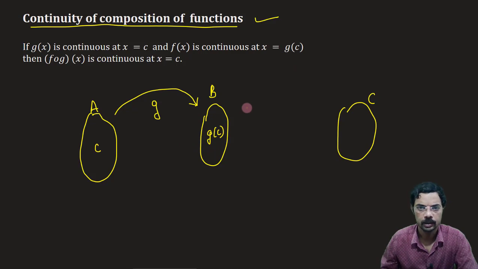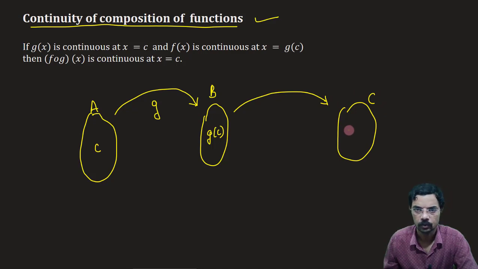Now there is another function, say f, which maps from this point g of c to set C. So what we get here is another continuous function, f.